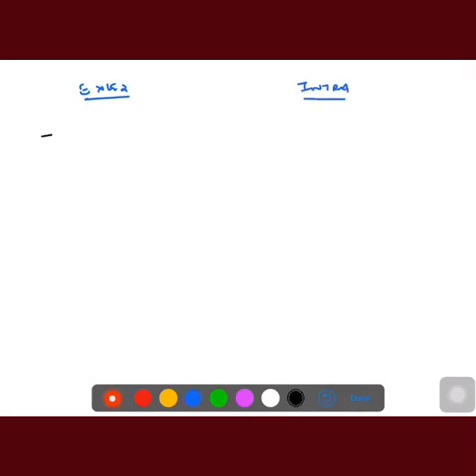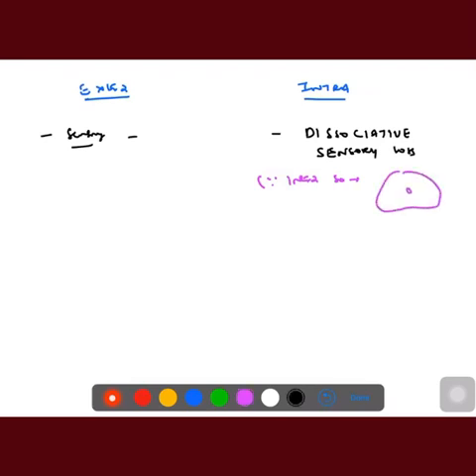Then coming to sensory involvement. In the intramedullary, as we discussed, the lesion will start in the center. The spinothalamic tract, which carries pain and temperature, crosses surrounding the central canal.